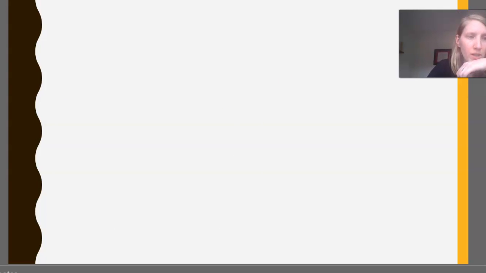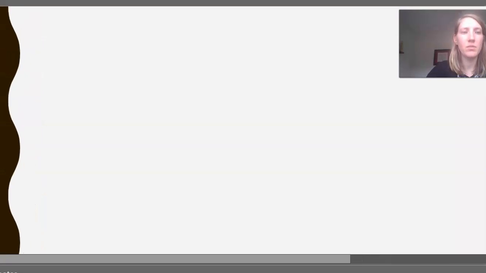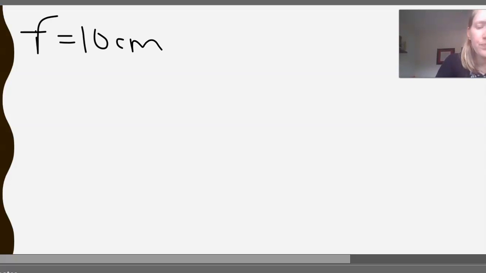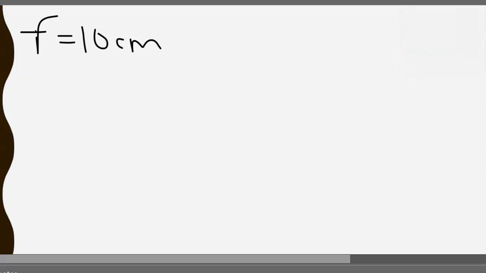Let's do all of our givens and unknowns first. Finally getting the hang of this. So our givens: the focal length is 10 centimeters, and the DO given to us was 30 centimeters. Oh, I put it in meters.